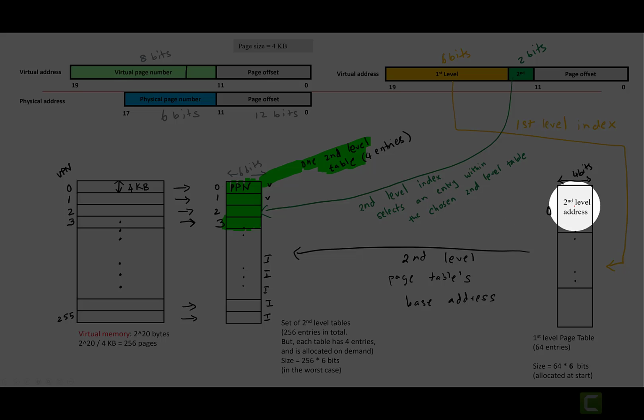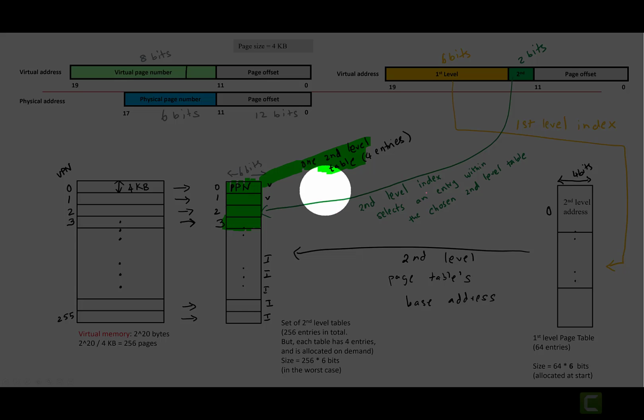So this address is going to point to a second level page table with 4 entries, where each entry is going to hold the physical page number of a smaller page of size 4 kilobytes. Okay, so if I have 4 entries in this table, 1, 2, 3, 4, each of them corresponds to a smaller page of size 4 kilobytes. So if I aggregate them all, I would get 16 kilobytes.